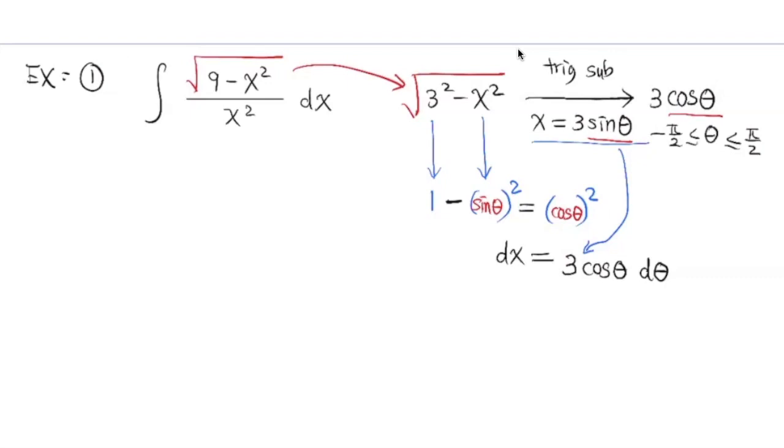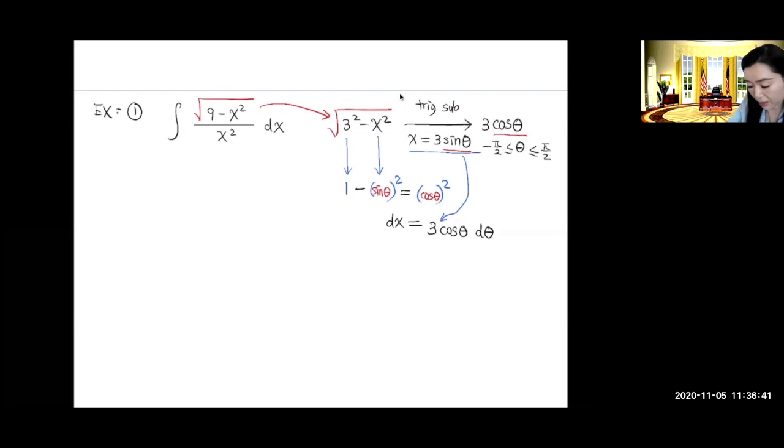Now let's go back to this integral and see what's happening. So that will become this integral. Up here in the numerator, the square root actually becomes 3 times cosine theta. So we have 3 cosine theta over here. What about this x squared?